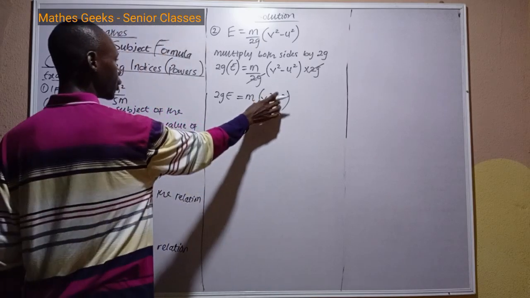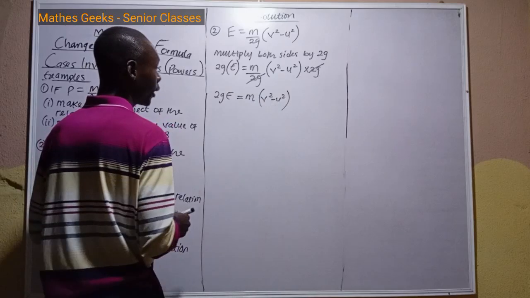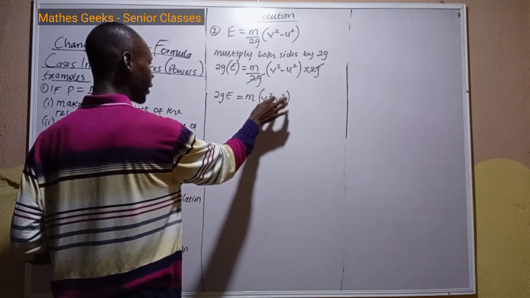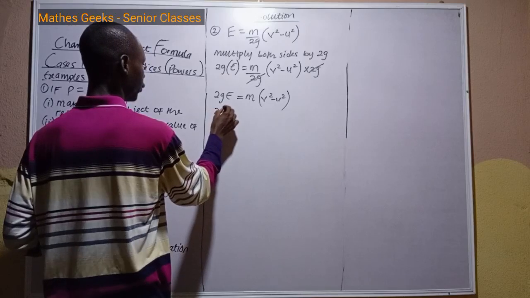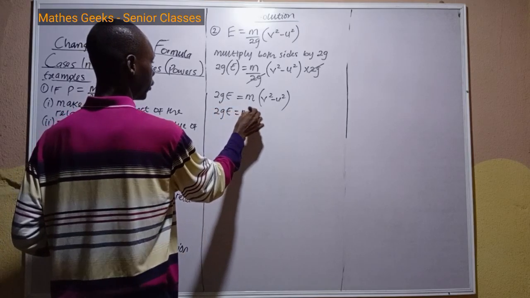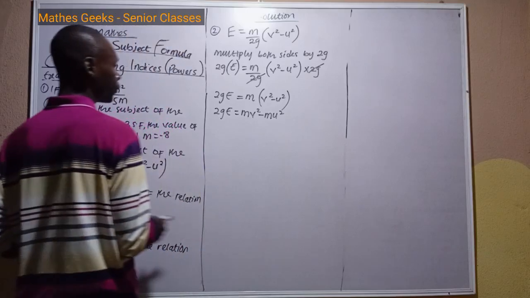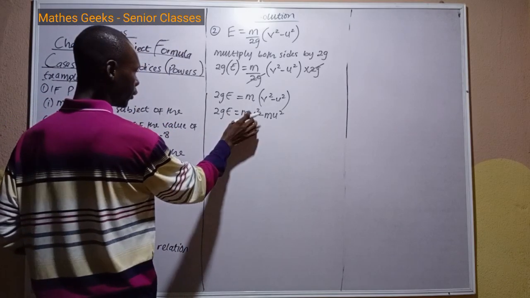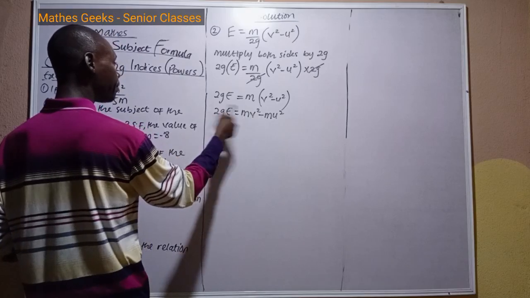Because u squared is enclosed in brackets and it's still connected to v, we're going to open the bracket. 2gE is equal to mv squared minus mu squared.